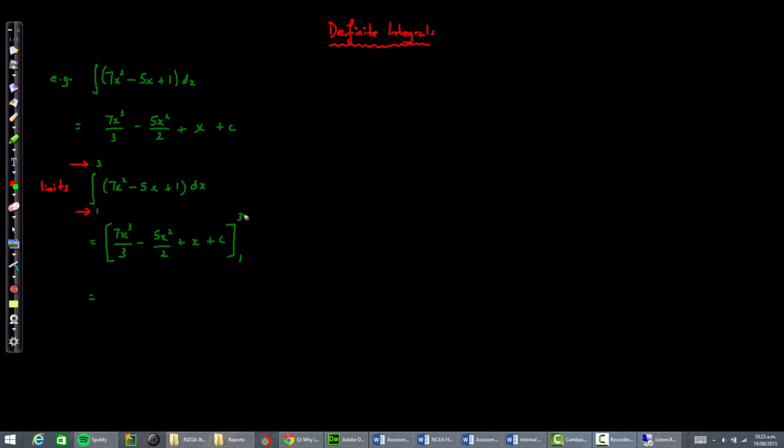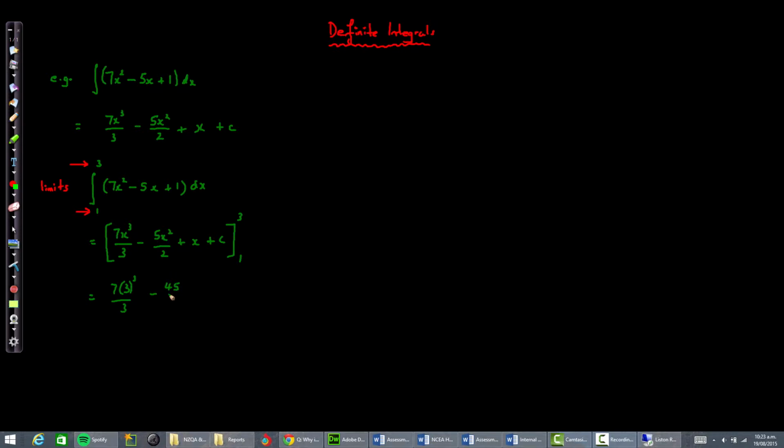Now, essentially, when you get to the stage here, we put our two limits, these limits here I'm talking about, 3 and 1 at the back here, and we simply substitute the 3 in. So we get 7 times 3 to the power of 3 over 3. That's going to be 5 times 3 squared, so that's 45 over 2.